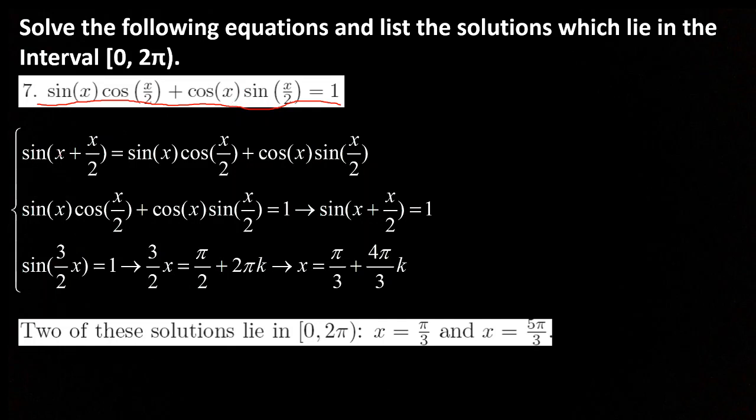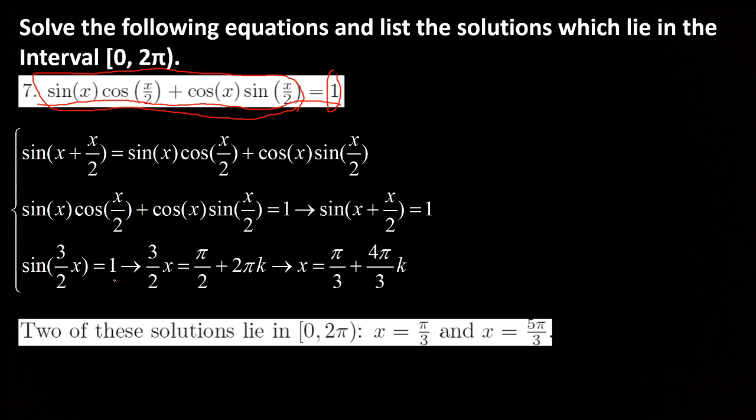So sine of A plus B is sine of A cosine B plus cosine A sine B, and that's a structure that on the left we see. So the left side, the whole thing here, instead of all that, we could just write sine of x plus x over 2. And, well, x plus x over 2 is 3x over 2. That has to equal to 1. And that's it.